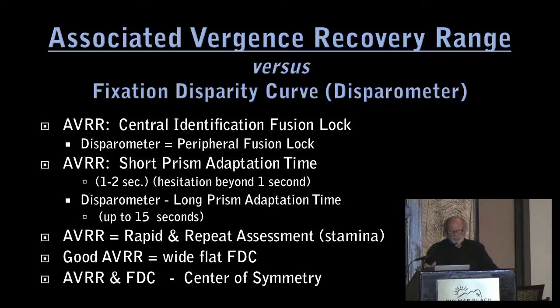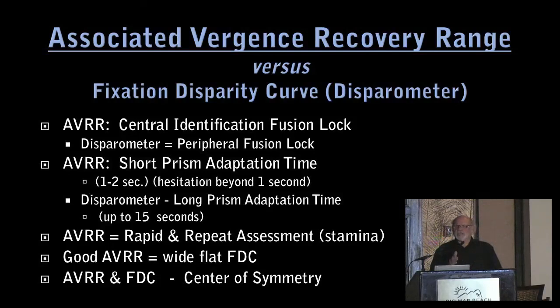The associated divergence measure uses a central identification fusion lock with an accommodative target, while the dyspyrometer has a peripheral fusion lock. The associated divergence recovery has a very short prism adaptation time, 1-2 seconds.